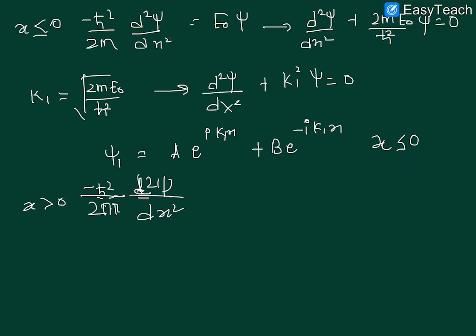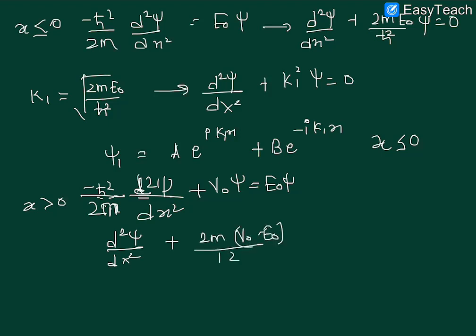Sorry for the handwriting over here. Plus v naught psi equals to e naught psi. Alright, now d square psi by dx square plus 2m, v naught minus e naught, upon h cut square.